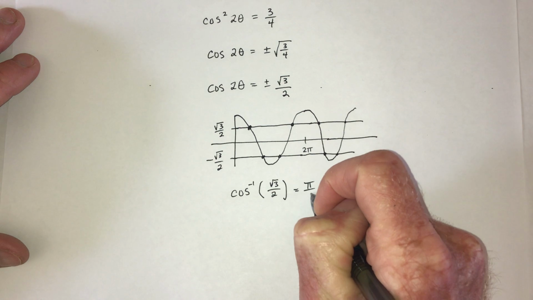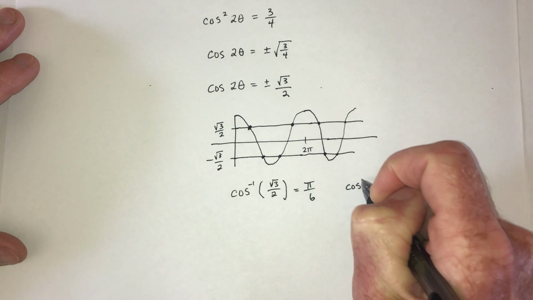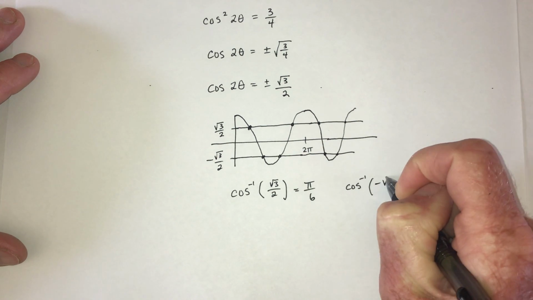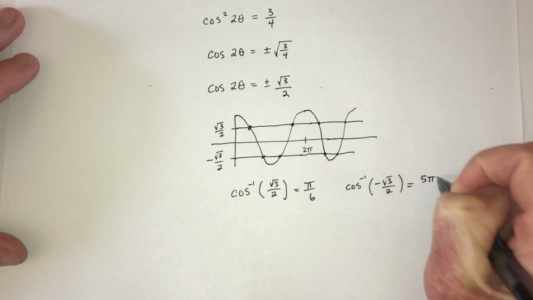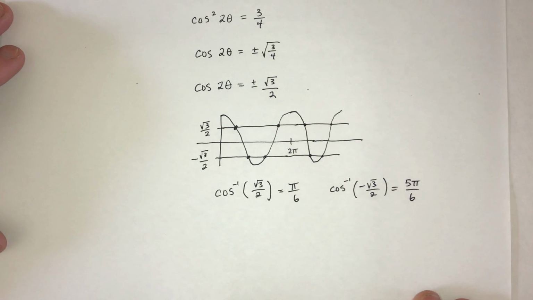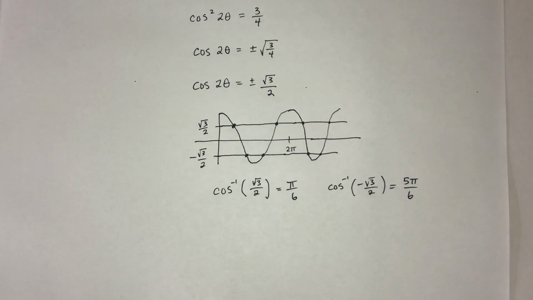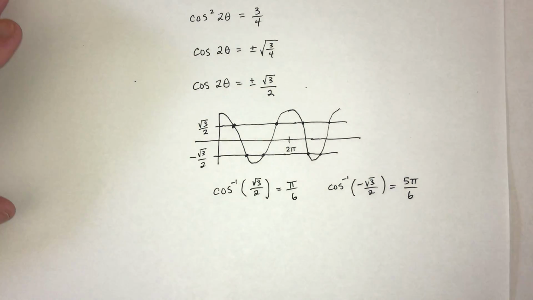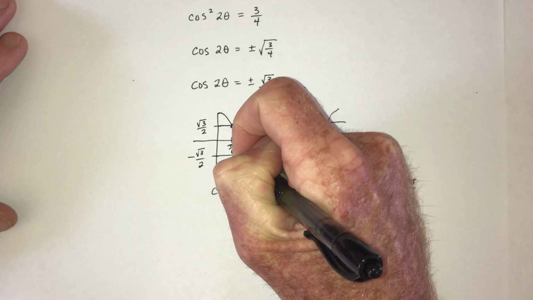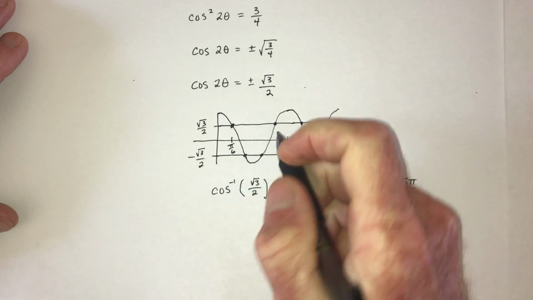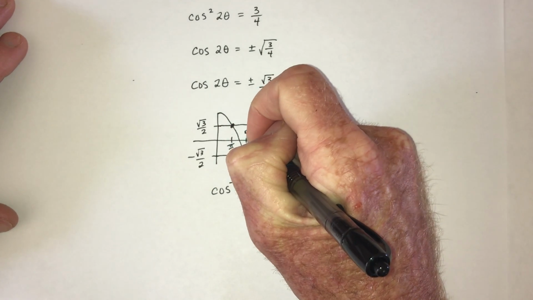So this one was pi over 6, and then when you do cosine inverse of the negative radical 3 over 2, that was 5 pi over 6. Those first 2 answers, that's what everything's going to be based on.